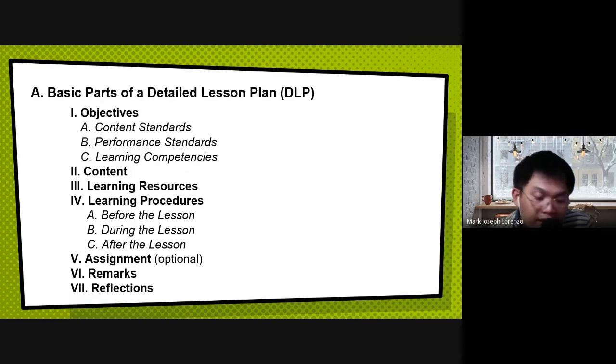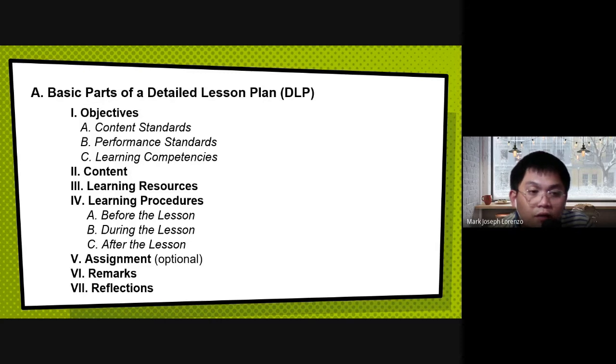Yung tinatawag natin na, pag tinawag natin na learning skills na 4Cs, ito yung critical thinking, creativity, collaboration, and communication. Kapag sinabi nating literacy skills, ito yung media, information, and technology. Pag sinabi nating flips, ito yung flexibility, leadership, initiative, productivity, and social skills.